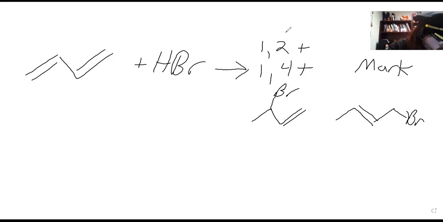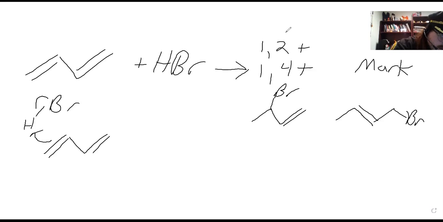The first step is the same thing you would have done when adding HBr to an alkene. But the conjugation is where it gets a little different. So let's start. Mechanism. We have H, we have Br, we have the diene attacking there and kicking off our bromine, and we're going to make a cation.